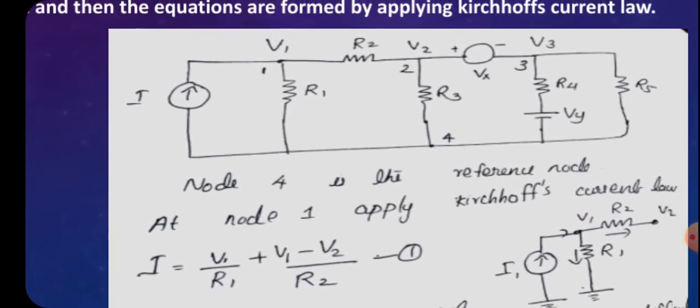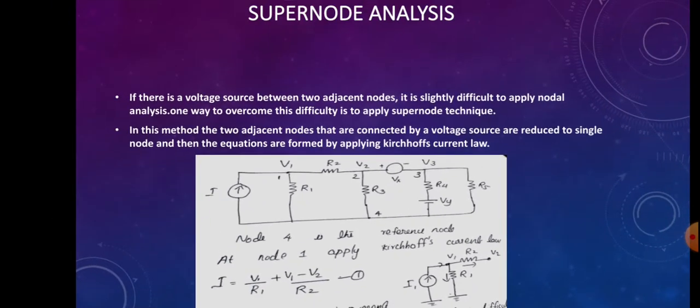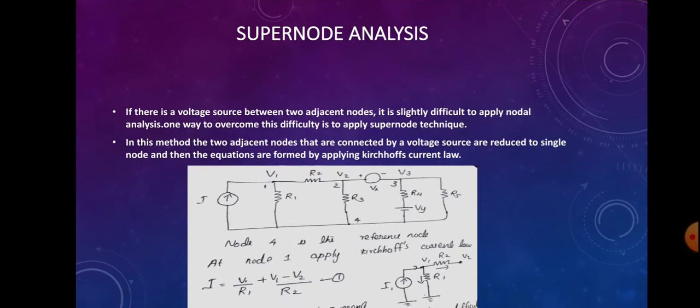We draw the rest of the circuit with nodes V2 and V3, and all other components connected to V2 and V3 will be in the supernode. There will be the V2 node and the V3 node; to the V2 node, resistors R2 and R3 are connected, and to the V3 node, resistors R4, R5 and voltage source Vy are connected. That forms the supernode, and it will look like this.